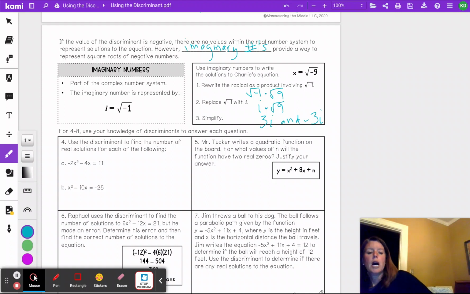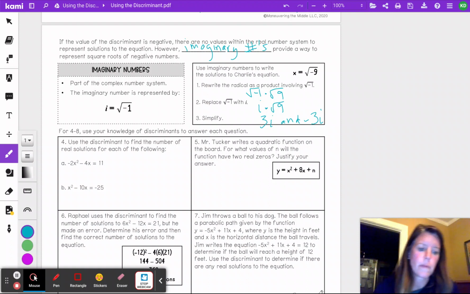So let's go ahead. These next ones, I'm going to do the first one with you, and then I want you to do the next one on your own. So for the first one, we're just going to use the discriminant. So we need to first rewrite it in standard form. So -2x squared minus 4x, and we're going to move that 11 over to the other side.